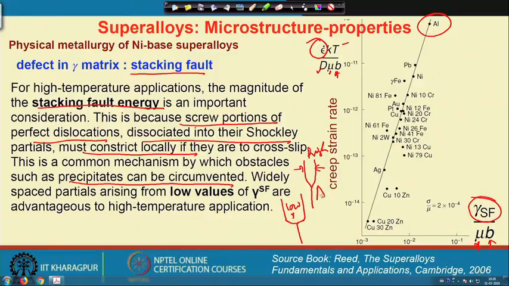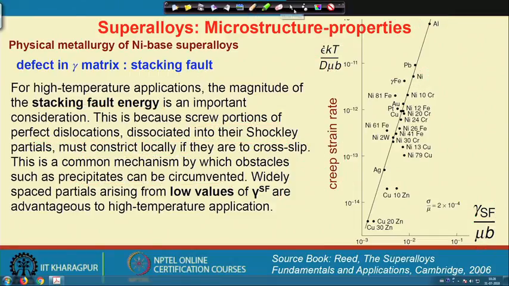This is in case of aluminum, and this is in case of copper zinc, which has a very low stacking fault energy, something like 14 to 18 millijoule per meter square. Pure nickel is lying here and we add chromium and other alloying elements, so that the stacking fault energy decreases as well as the creep strain rate decreases, and this is the purpose of the stacking fault energy in the matrix of the superalloys.